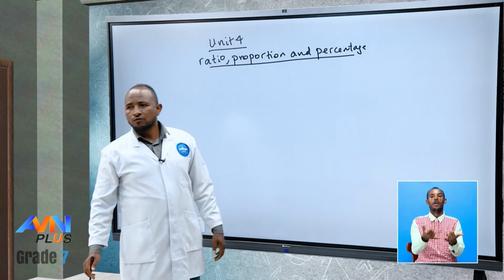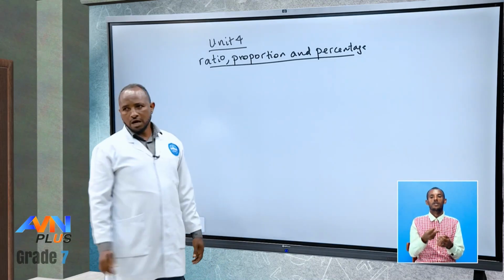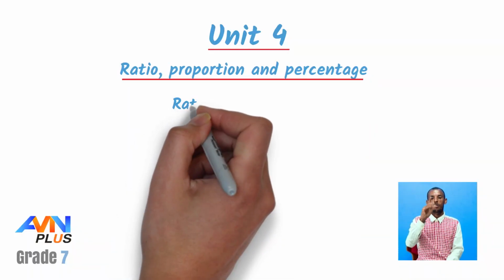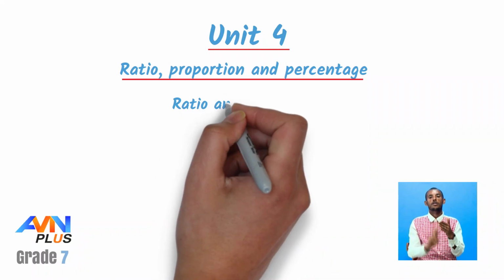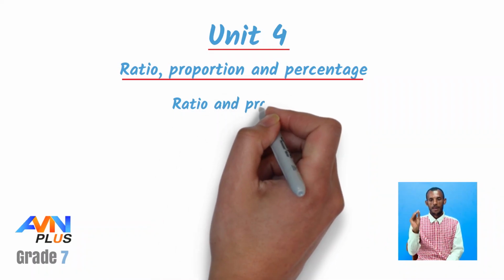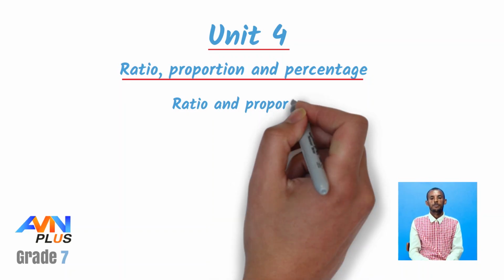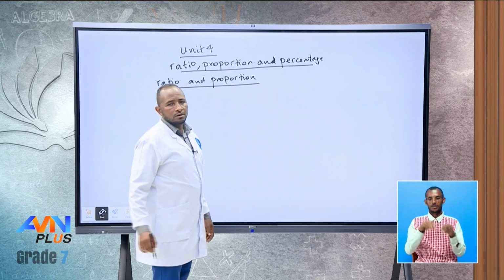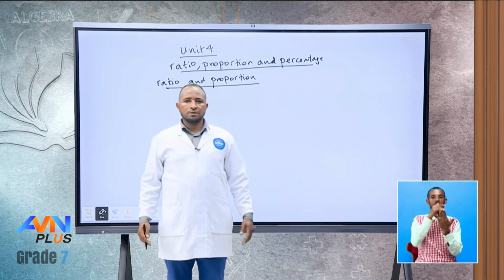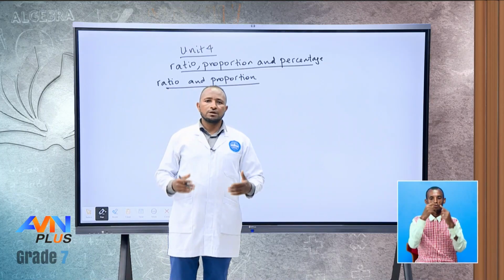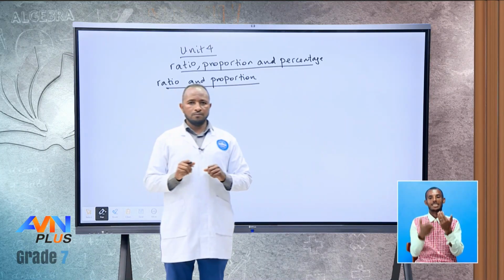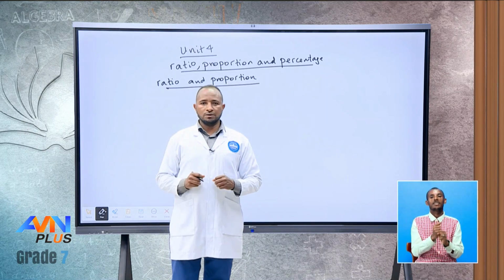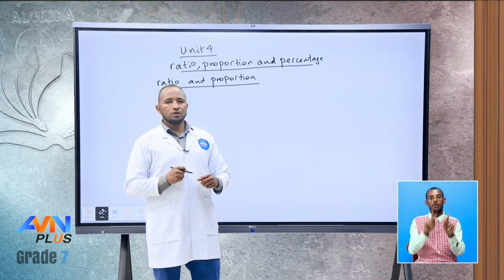Today we will focus on two contents, ratio and proportion. Students, after this lesson, you are expected to write ratio in simplest form and find the missing term in proportion. So, let's continue to the lesson.